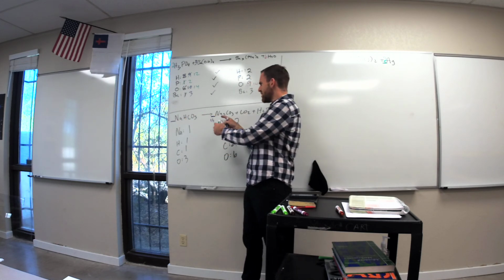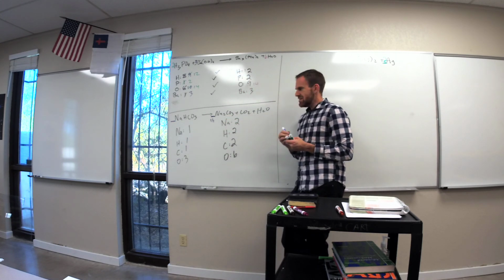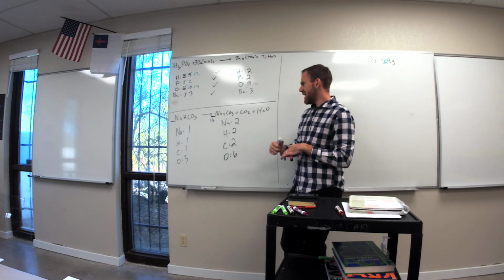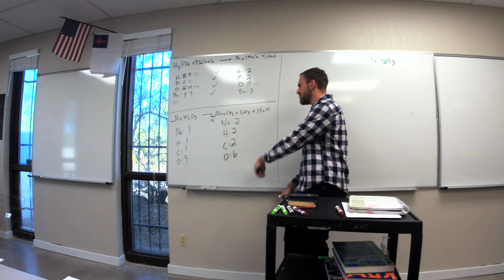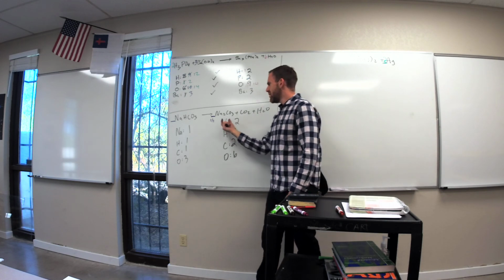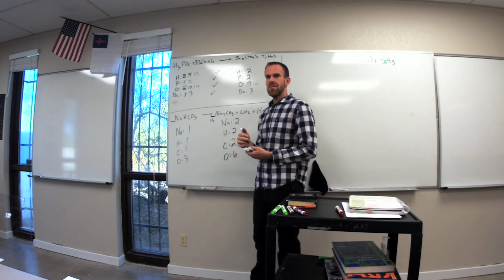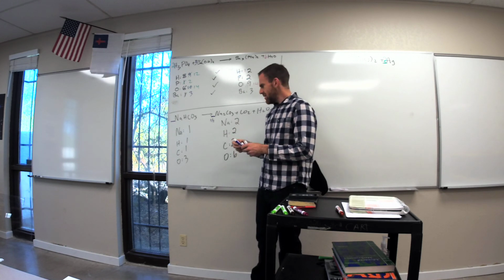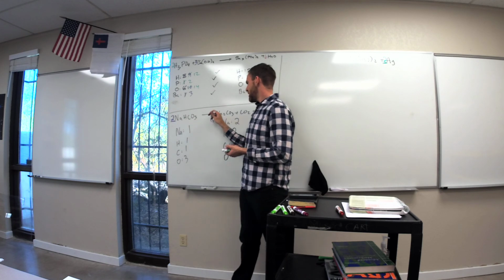So whatever this number is can be half of that number, because that's the only place where we see sodium. Everything else is a giant mess. There's hydrogens everywhere, carbons everywhere, oxygen everywhere. So our only constant here is that we see this sodium in both of them. So let's be lazy. Let's start there. How about 2 and 1?